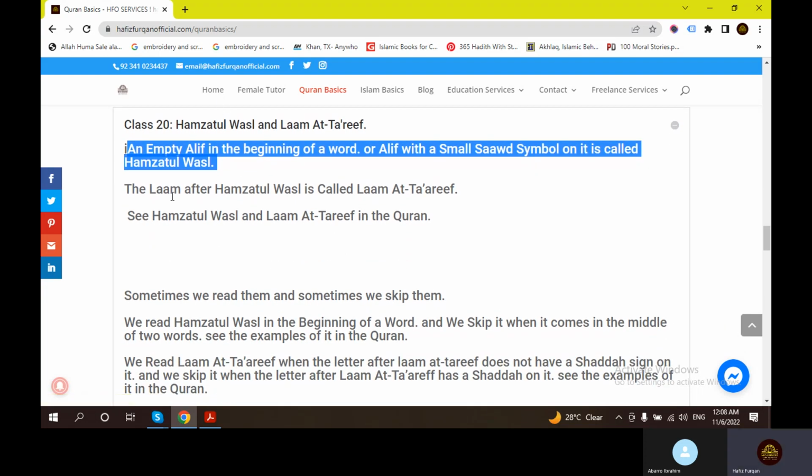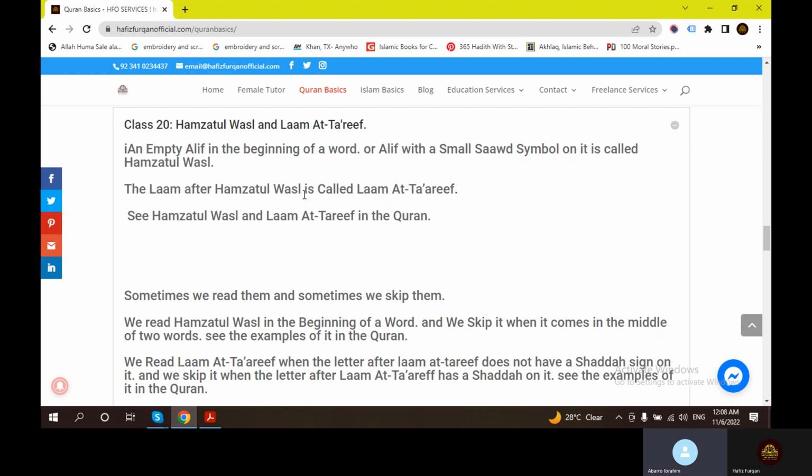And what is Lam Tarif? Lam Tarif is the Lam after Hamzatul Wasl. Whatever Lam comes after Hamzatul Wasl. Do you get it? Yes.